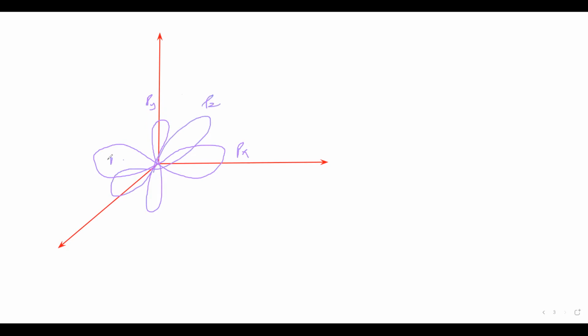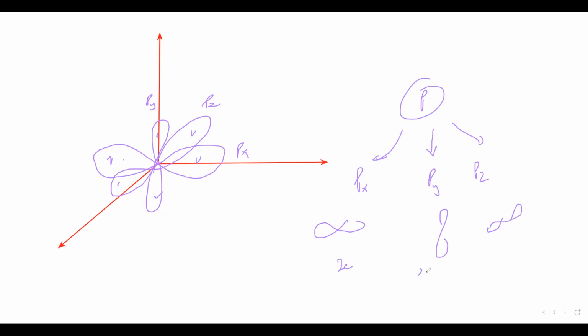And each of them can have two electrons. So actually p is a combination of what? It's a combination of the p orbital in the x-axis, the p orbital in the y-axis, and the p orbital in the z-axis. And each can have a maximum of two electrons. That's why the total electrons in p orbital can be 6. And this shaded region is also known as the electron density.